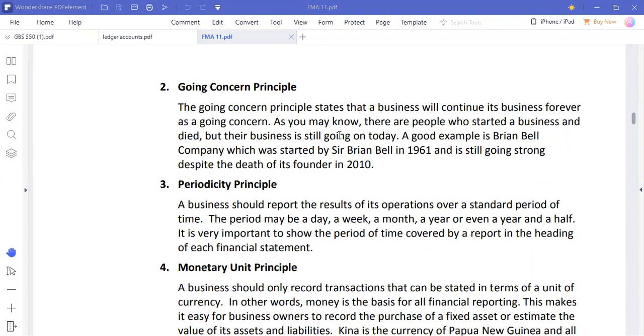And the periodicity concept simply asserts that you should always report the operations of a business over a standard period of time. It can be weekly, monthly, semi-annually, or at the end of the year, half a year. It's important that you show the period of time covered by the report as a heading.